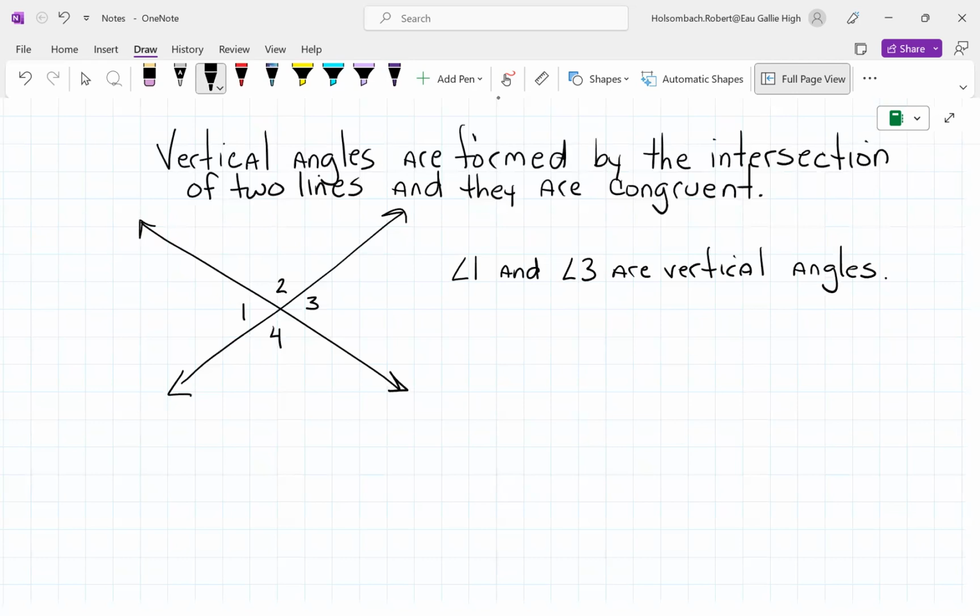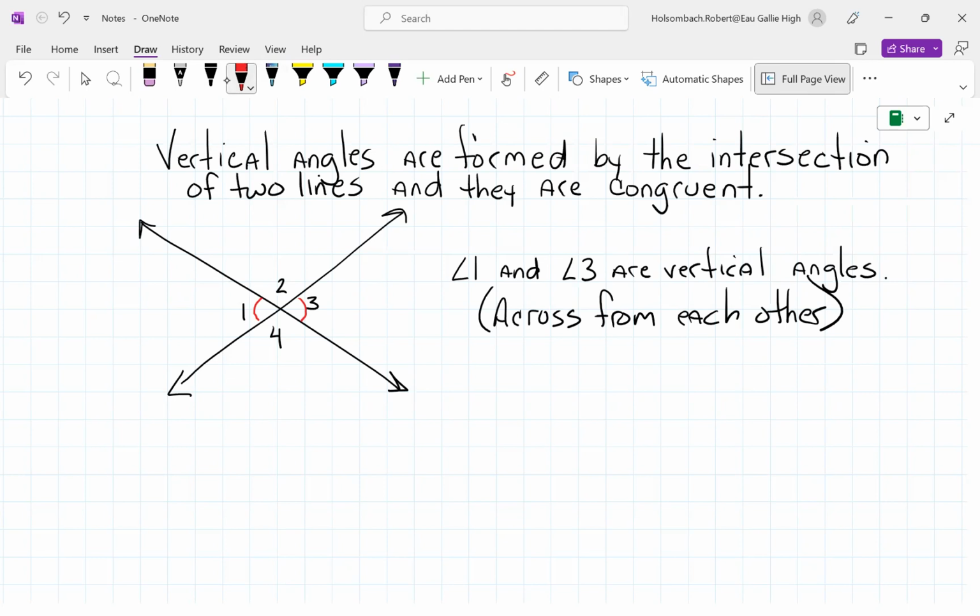And we're not using the term vertical angles as much as up and down. Vertical angles are just always across from each other. All right, so we can say across from each other. One and 3 in this picture. Angle 1 is congruent to angle 3.